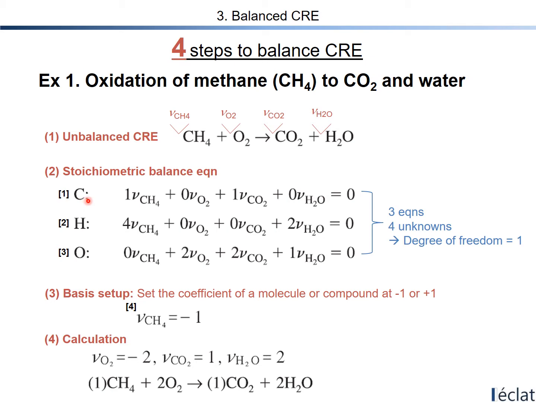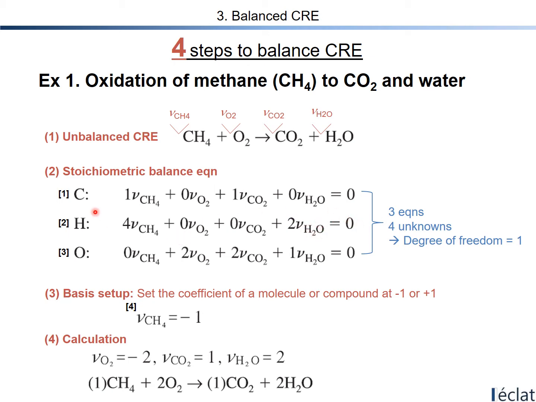Let's move to the second atom, hydrogen. From the viewpoint of hydrogen, this kind of stoichiometric balance equation should be satisfied. In the first entity, you can find 4 atoms of hydrogen, so 4 with the stoichiometric coefficient, and 0 hydrogen with the coefficient, 0 hydrogen with the coefficient, and 2 hydrogen with the stoichiometric coefficient should be 0.